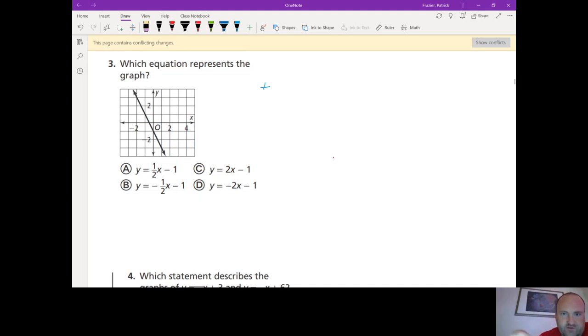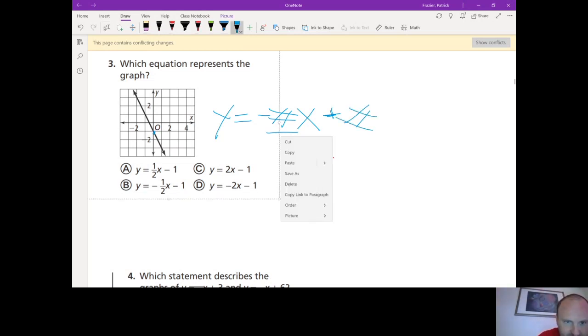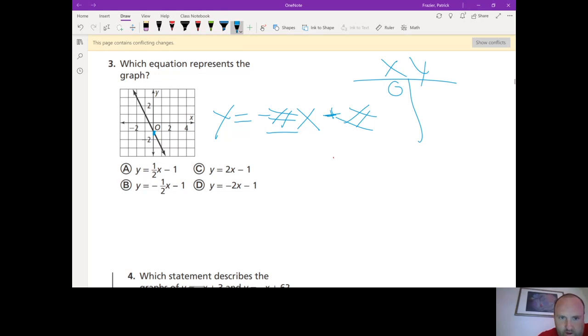It's y equals negative x, or technically y equals negative some number times x plus or minus some other number. And by the way, because this is -1, that's the y-intercept, where x is 0, y equals -1.